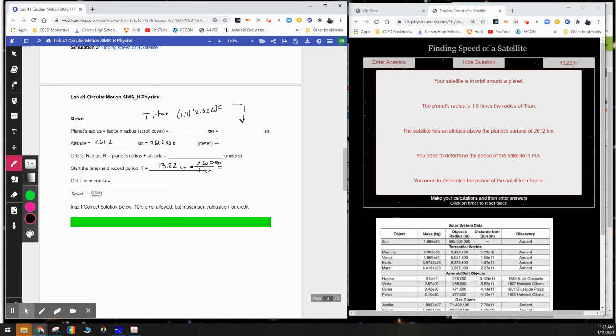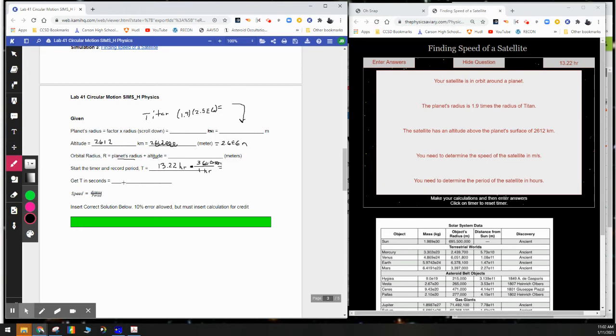If we need to, we can make this scientific notation. 1, 2, 3, 4, 5, 6. So we'll just say 2.6 E to the 6 meters. So we have the radius in meters and the altitude in meters. What we're going to do now is add them together and we'll get the orbital radius R. Make sure we add the planet's radius and altitude, and that should go here.